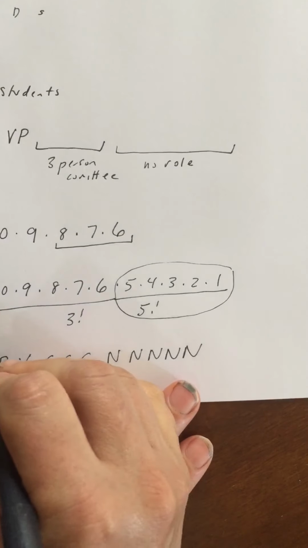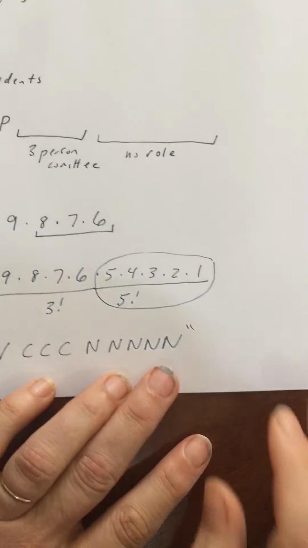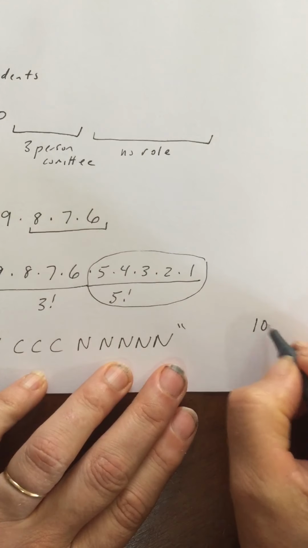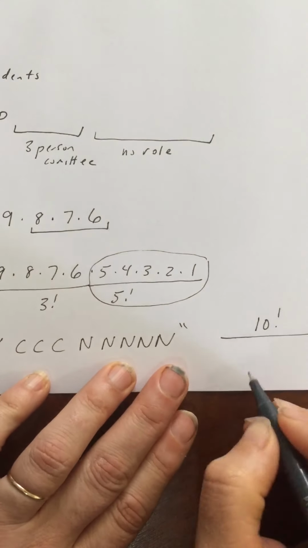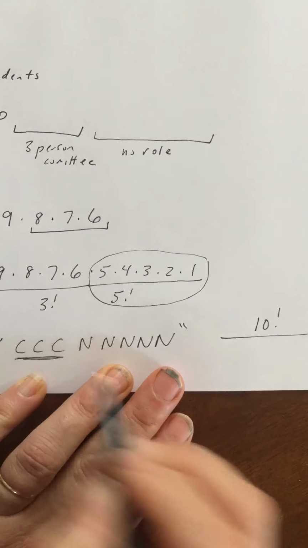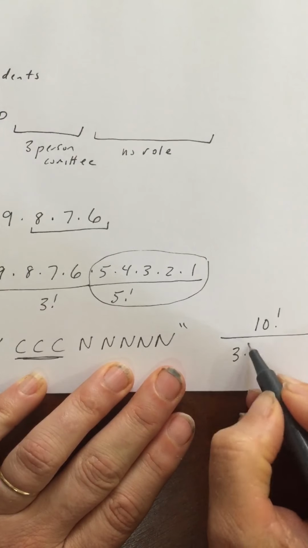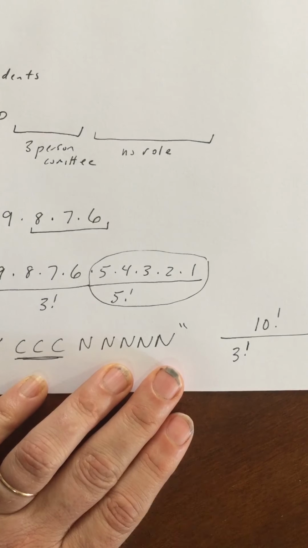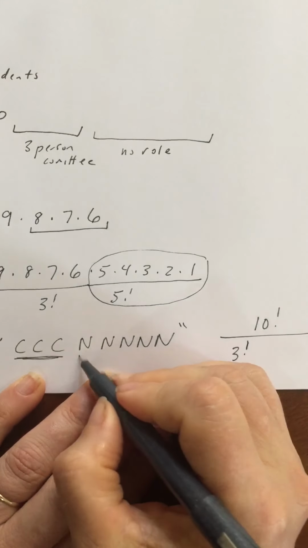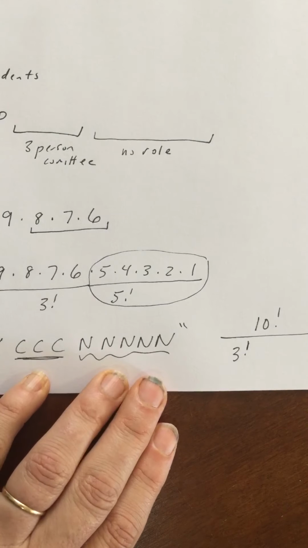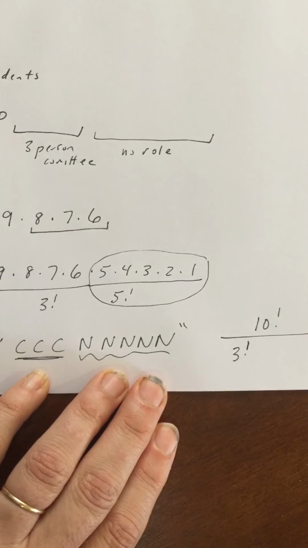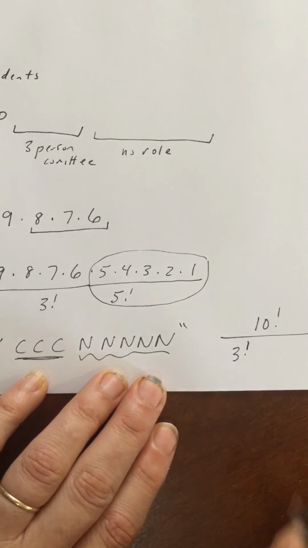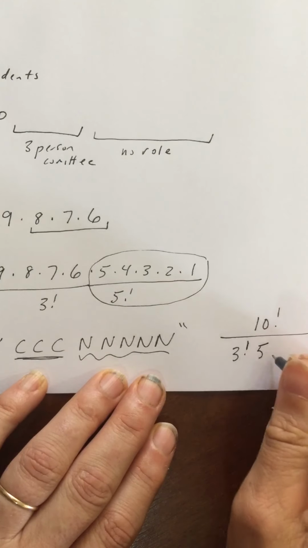So how many ways are there to manipulate all those letters? It's going to be 10 factorial, okay? And then I'm going to have to divide by 3 factorial to account for the people in the committee rearranging, to divide out those rearrangements. And all of the people that have no role, well, they're indistinguishable too. So any rearrangement of those guys, we don't want to account for that. So that's going to be 5 factorial.